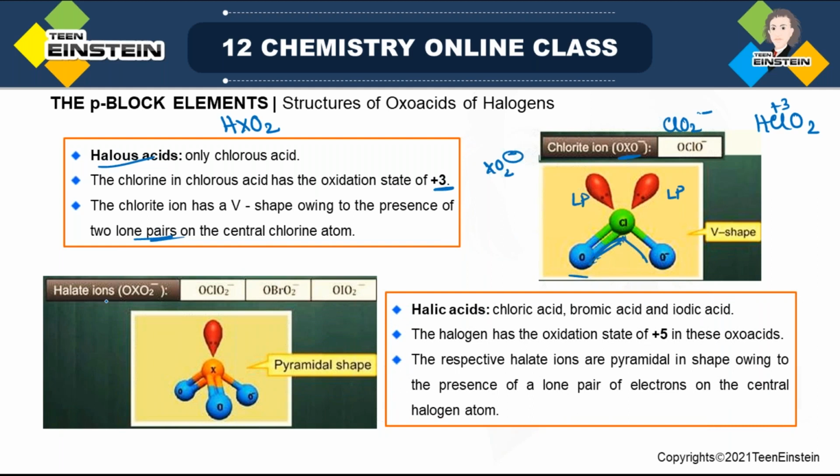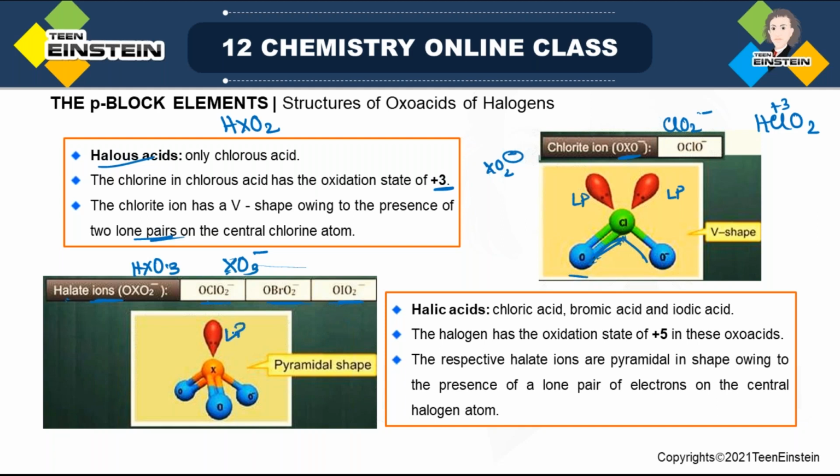Third type, HXO3, but without hydrogen it is XO3 minus. That means it is the halate ion. Examples are ClO3 minus, BrO3 minus, IO3 minus. Now at the third position there is another oxygen, so gradually the number of lone pairs is reducing.